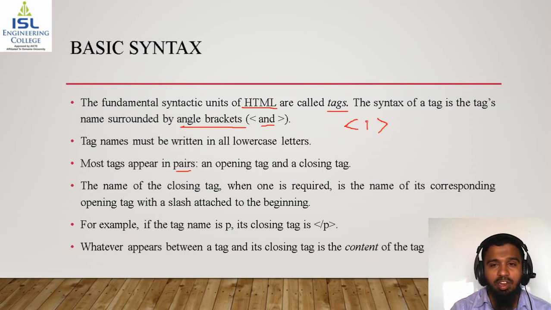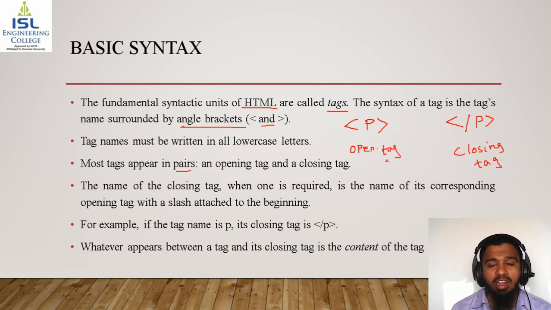Like, remember, I am taking one P. P is a paragraph tag. You are going to learn it in the next slide, so I am just taking the P. Whatever tag you open, this is how I open the tag, and closing the tag should be with a slash.